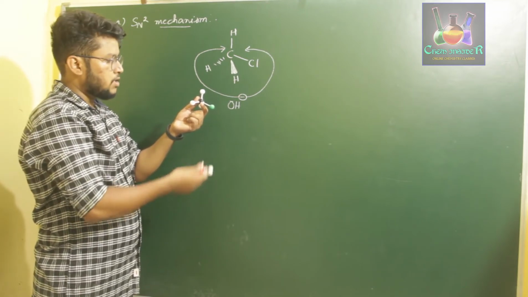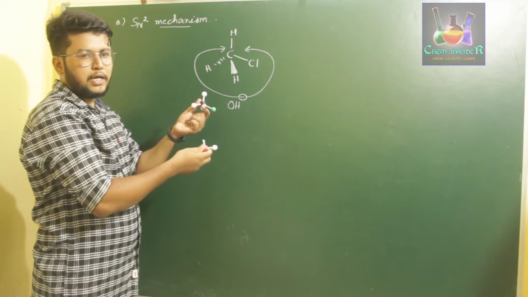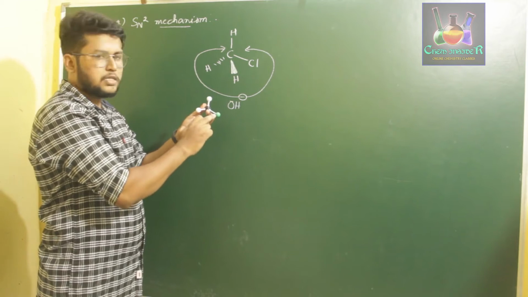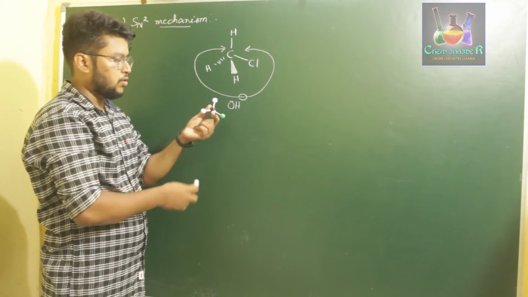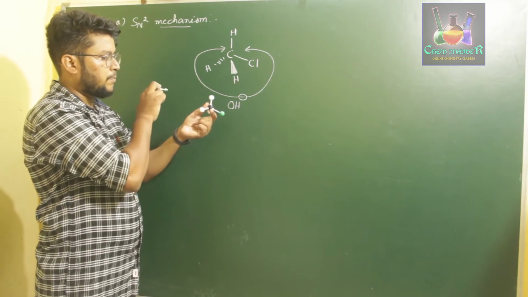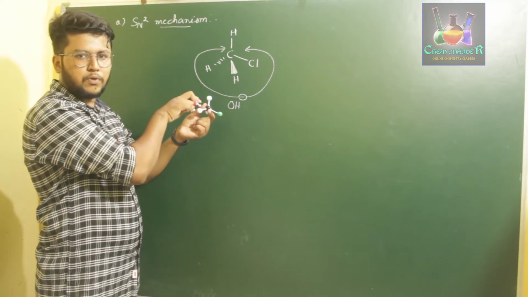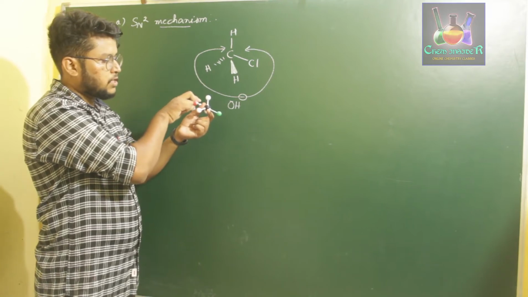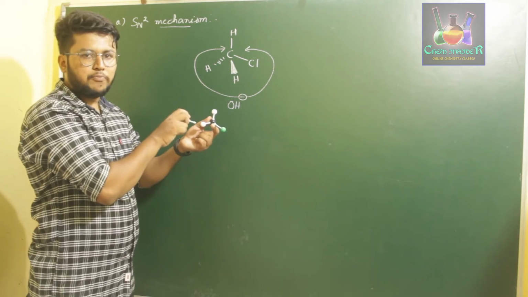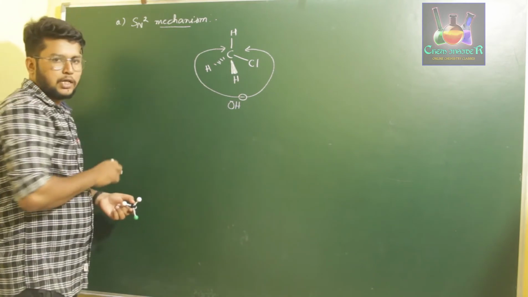A nucleophile always attacks opposite to the leaving group. Here, chlorine is a better leaving group among the halogens. So if this is the leaving group, the OH minus should attack from the opposite side, from this side. When the OH minus attacks from the side opposite the leaving group, that type of mechanism is called the SN2 mechanism.